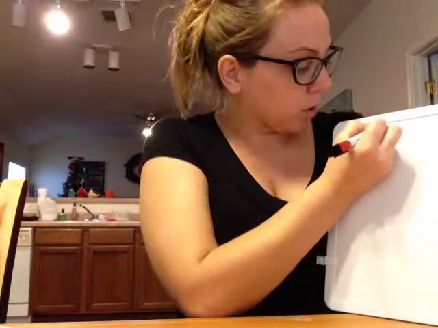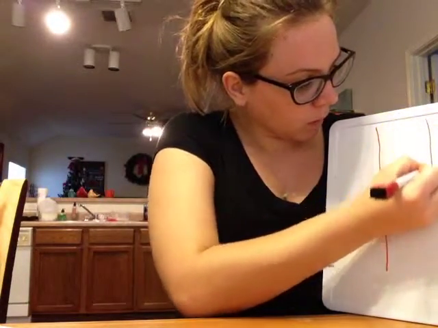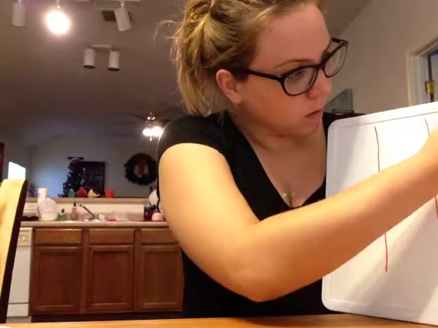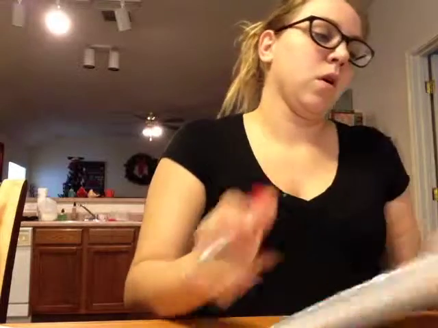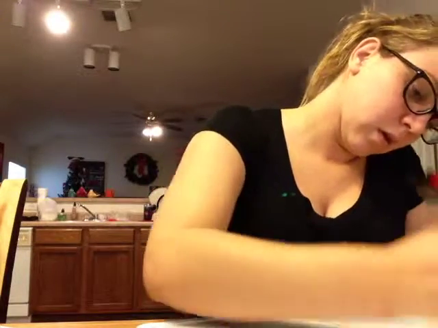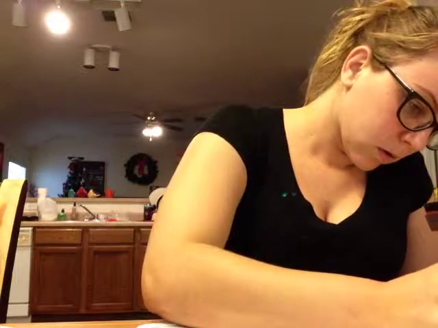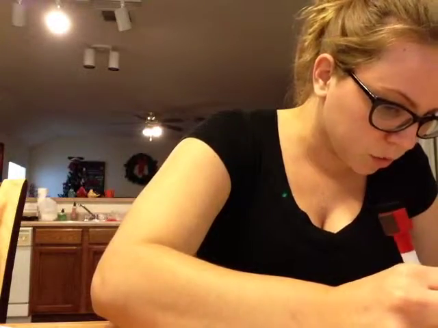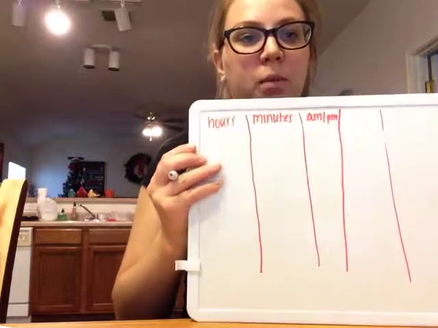So the first way I'm going to do it is with a little chart. We're going to have our hours and our minutes, and then AM or PM, because remember, it's real important to make sure that you know if you're counting AM or PM.